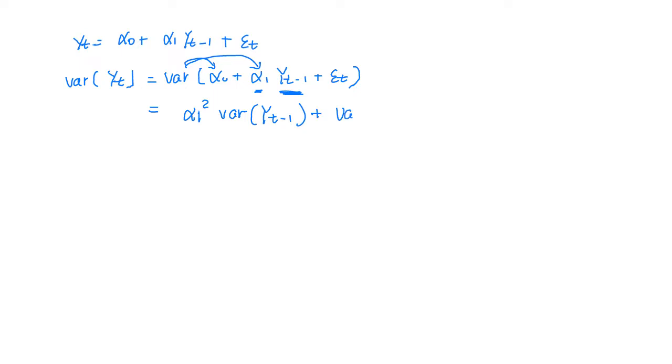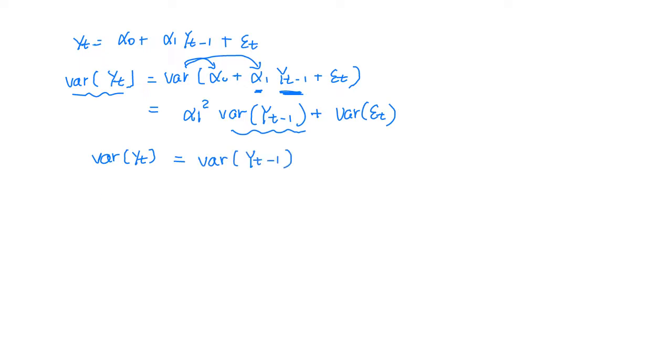Plus the last term's variance, right? And what about this term and this term? We know that AR(1) is actually a stationary process, right? So Var(yt) is supposed to equal Var(y(t minus 1)).